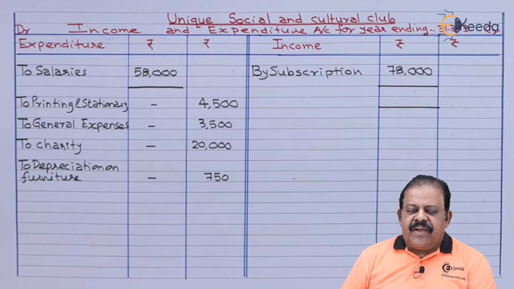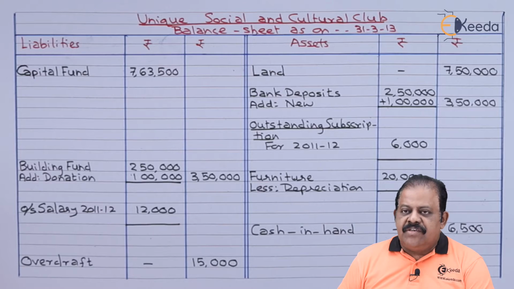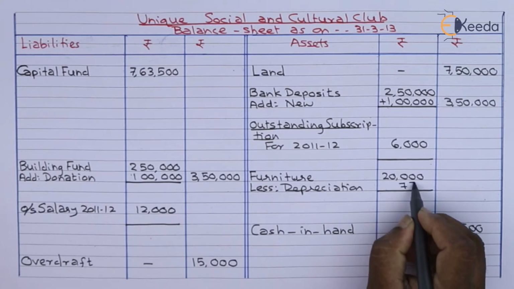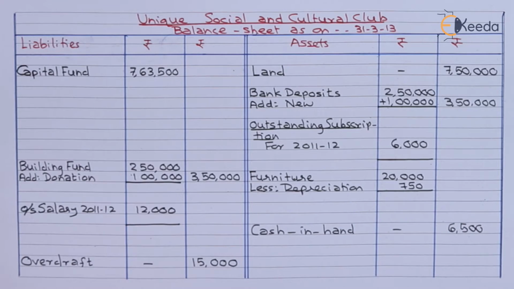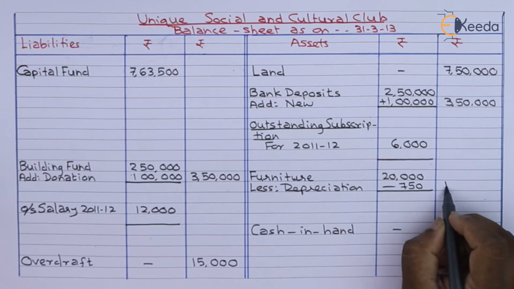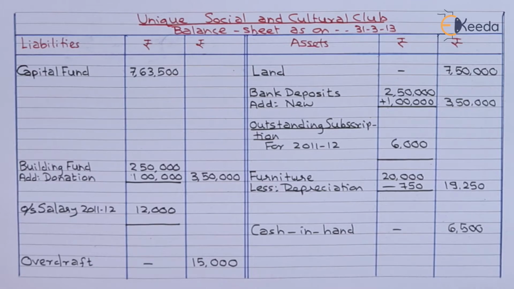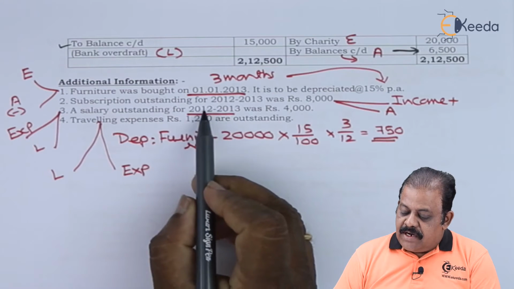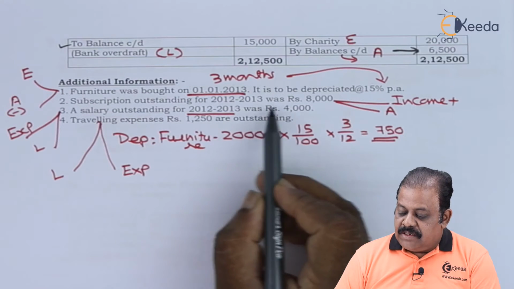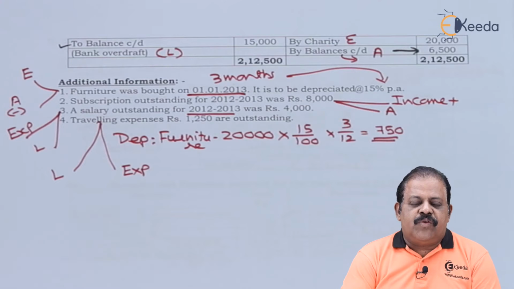This will have another effect on the asset side of the balance sheet. Less depreciation 750. So it will be 19,250.